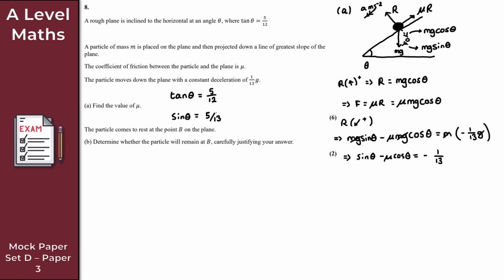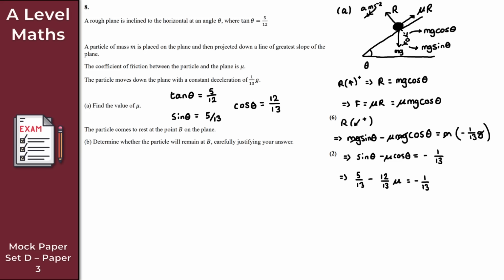And cos theta here is going to be 12 over 13, right? So sine theta is 5 over 13. So I've got 5 over 13 there, minus mu times cos theta. So cos theta is 12 over 13. So I get minus 12 over 13 mu there. And that is equal to minus 1 over 13.